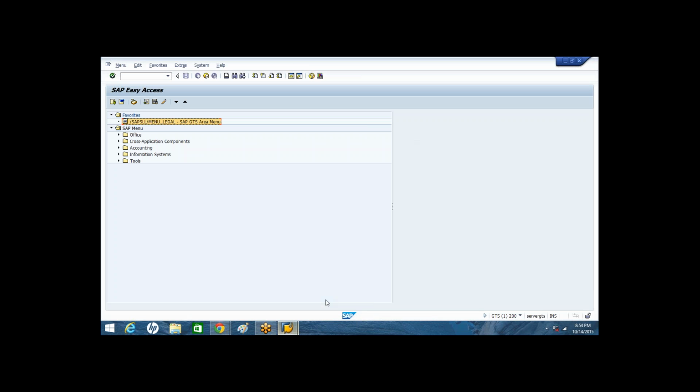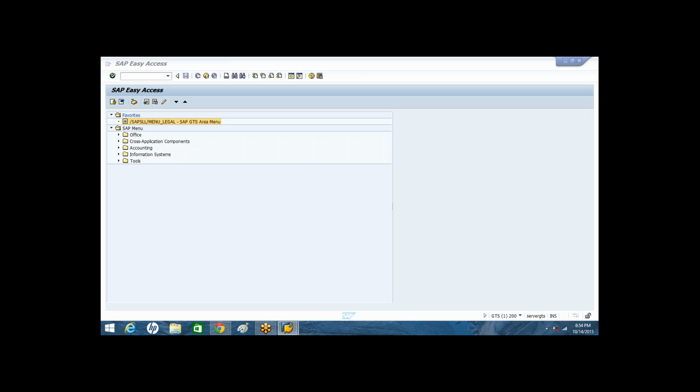So, as part of today's class, we are going to start the preference determination process in the risk management. As of now, we have completed compliance management and customs management.